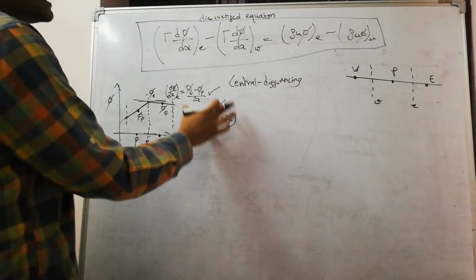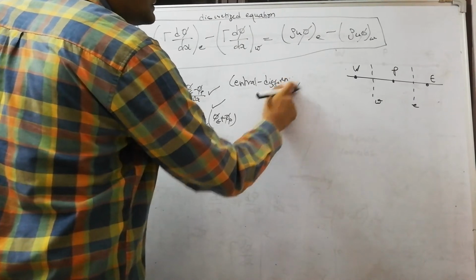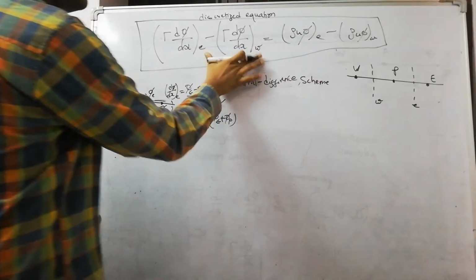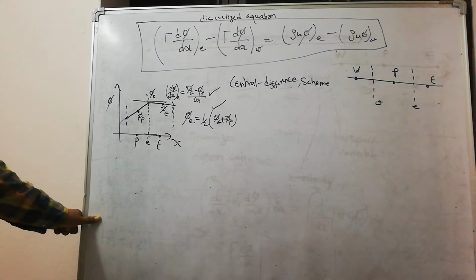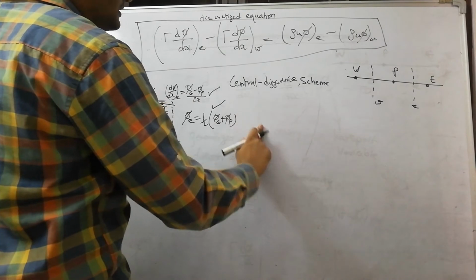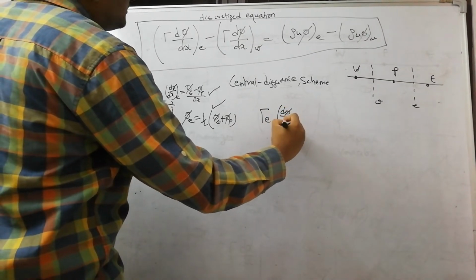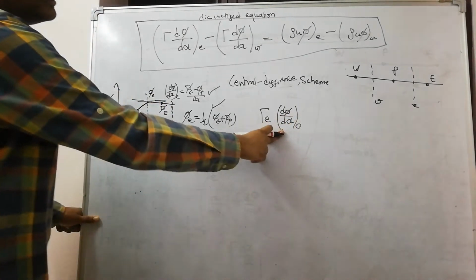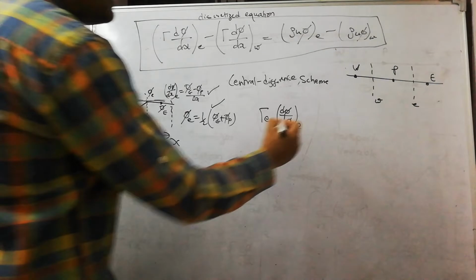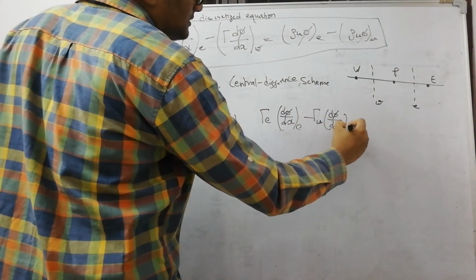So let us apply these approximations, that is the central difference scheme, and expand this equation. The first value that I am going to get is gamma e d phi by dx at e.